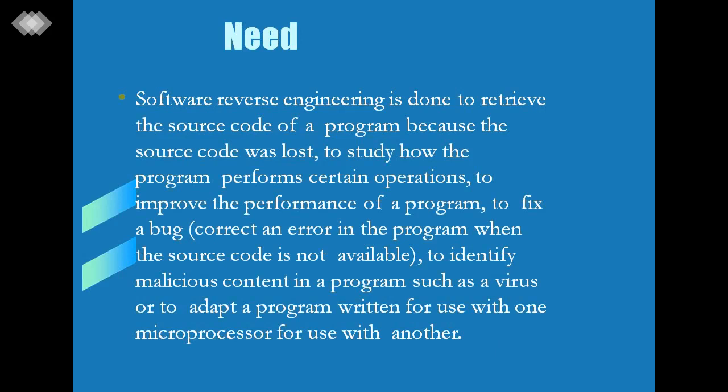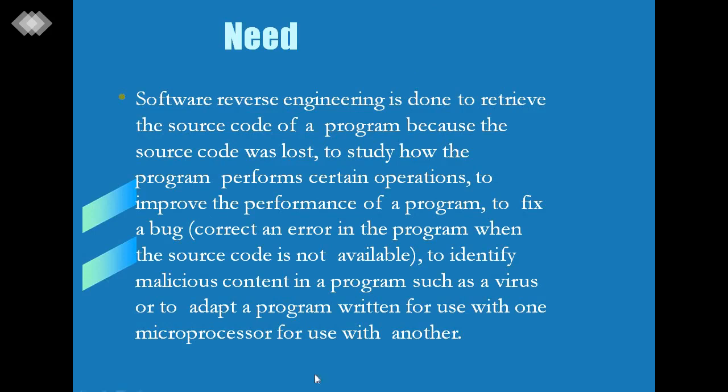Then, why we need reverse engineering, we covered three reasons: first, to improve the performance of a program; second, to fix bugs; and third, to identify malicious content in a program such as a virus, or to adapt a program that is written for use with one microprocessor for use with another.